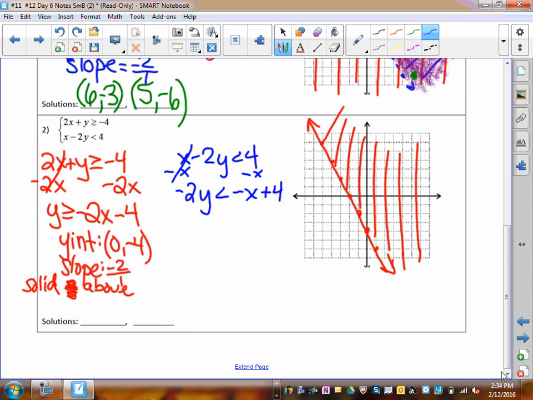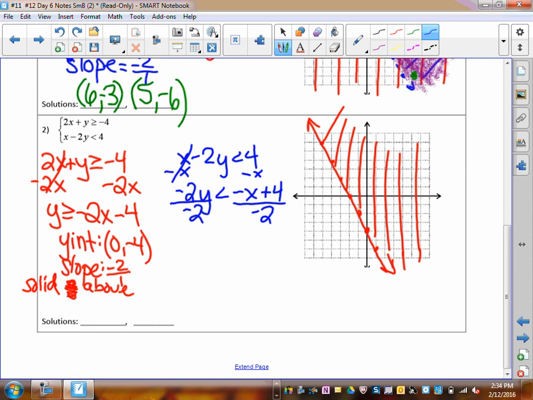Then I'm going to move over to Justin. Justin, what's my next step? Divide by negative 2. Divided by that negative 2, some alarm should be going off. What do we have to do when we're divided by a negative? Flip the sign!